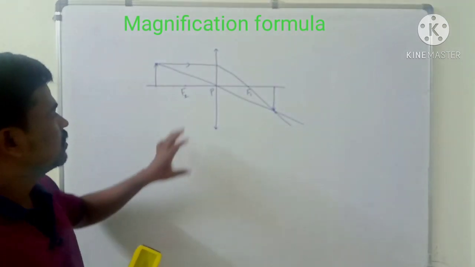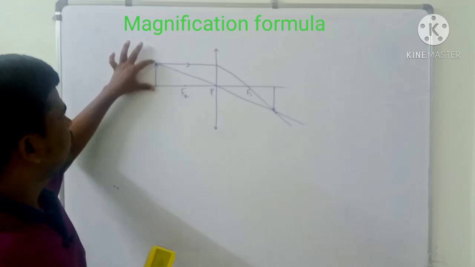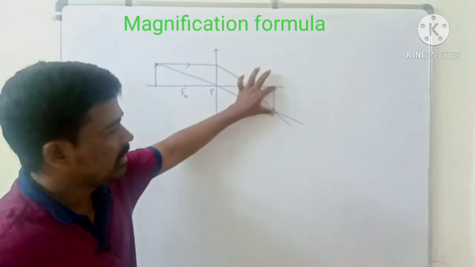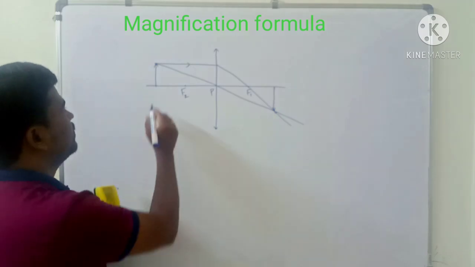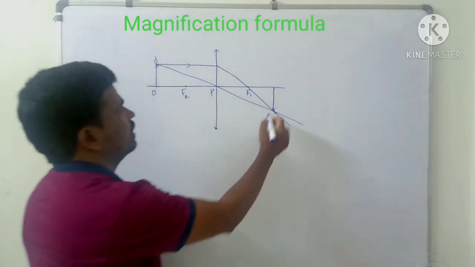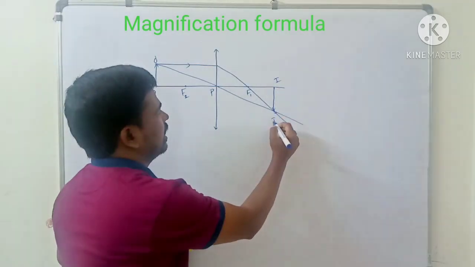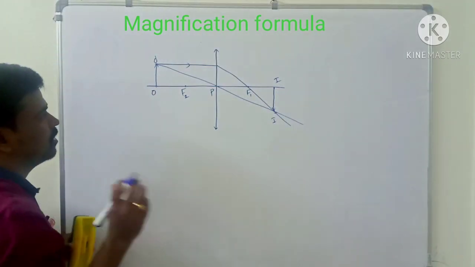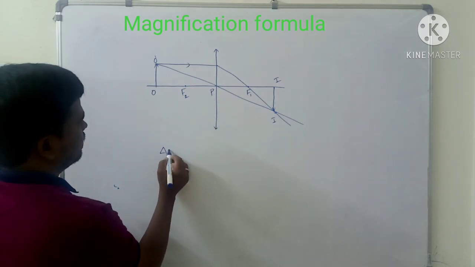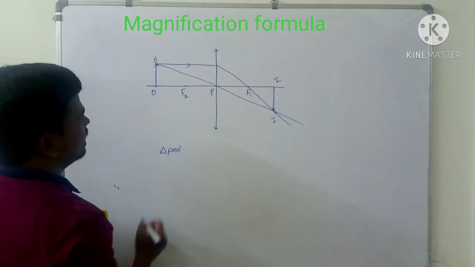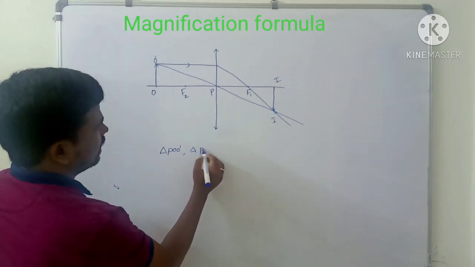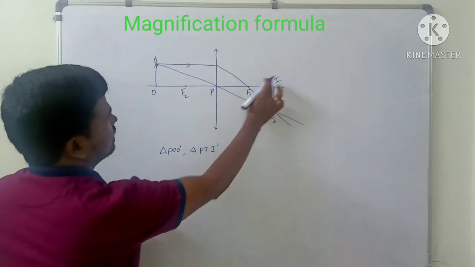Very easy. We kept the object here, we get the image here. Let me put identification, this is O dash, and let us assume this is I dash. Observe the triangle PO dash and the triangle PI dash, they are similar triangles.